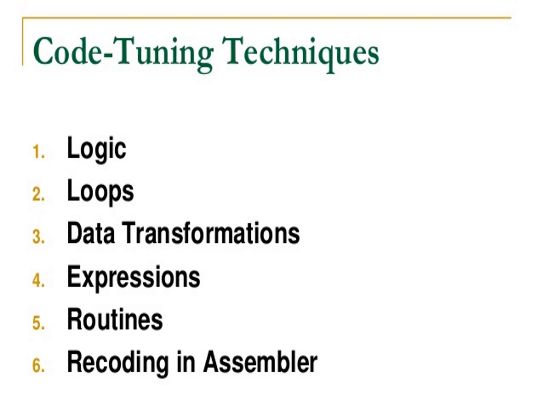The first one is logic, the second is loops, the third is data transformation, the fourth is expressions, the fifth is routines, and the sixth is recoding in assembler. This means using a low level language is also one of the techniques, but it's very difficult.